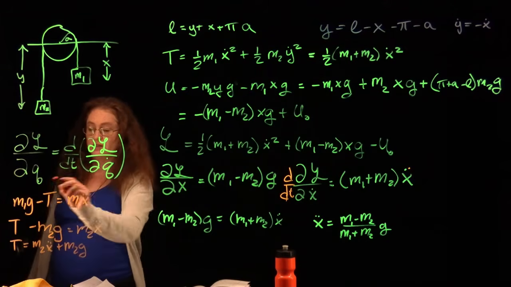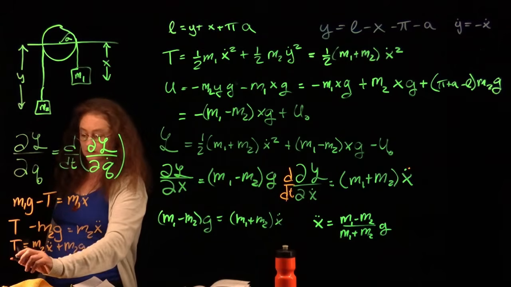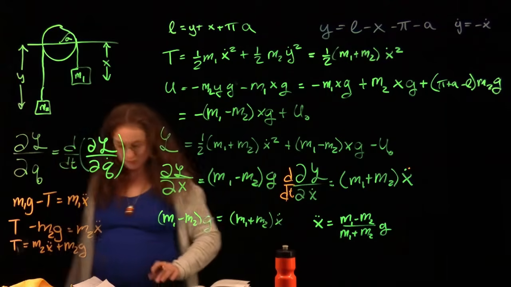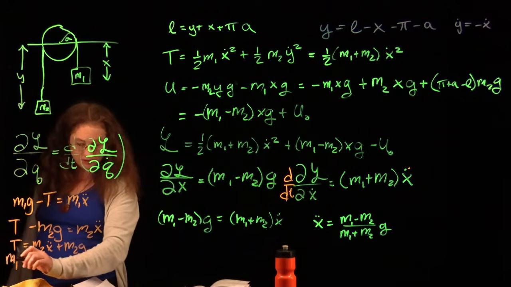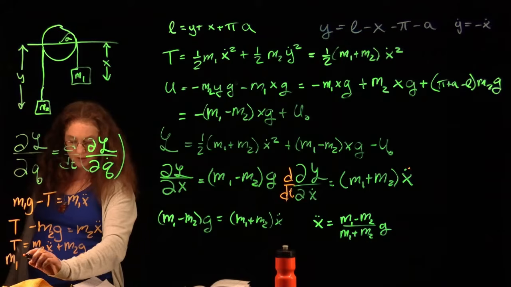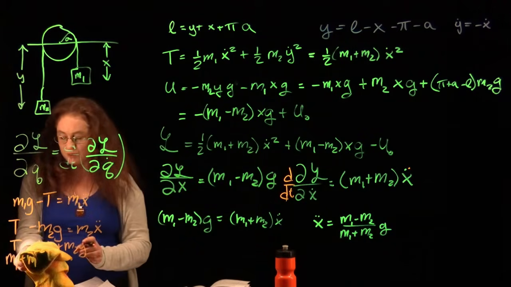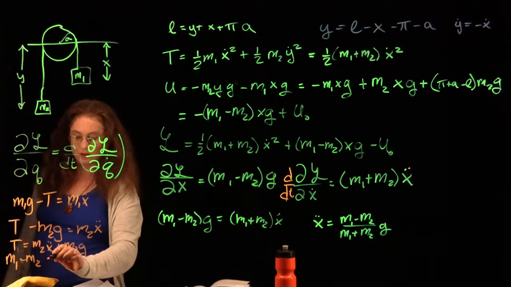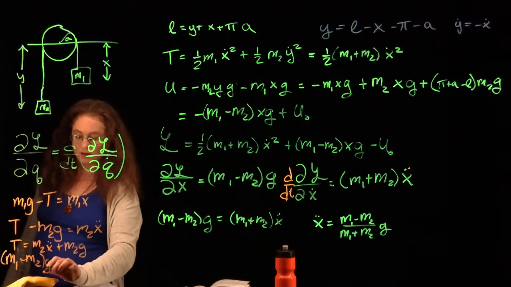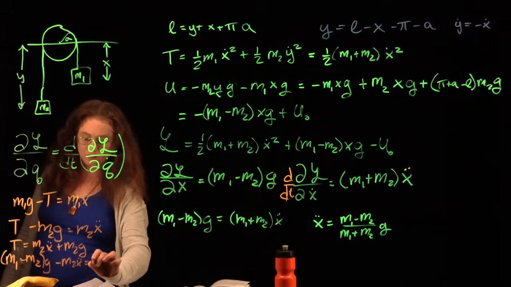Plug this into this equation, and I get (m1 minus m2) times g minus m2 x double dot equals m1 x double dot.